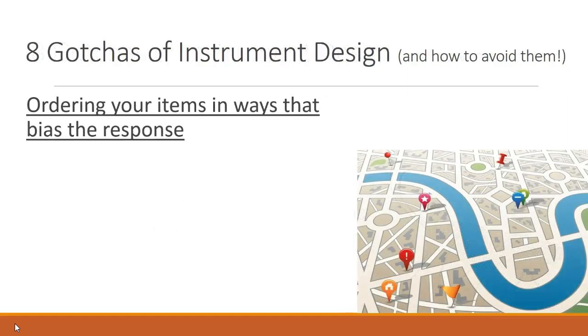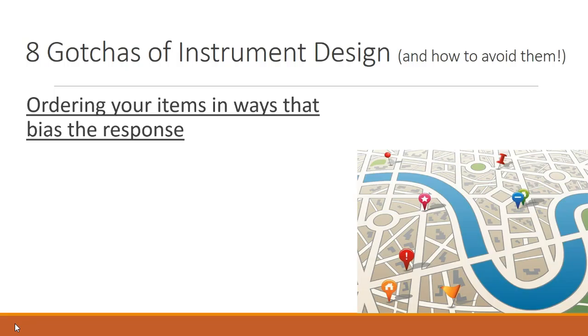Another gotcha: ordering your items in ways that can bias the response. You may need to have a map of where you're going in the survey and know that you're leading toward a particular kind of question. But we don't always need to tip our hand to the research participant.